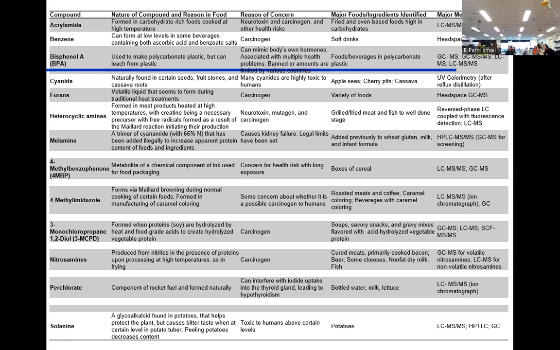So what food they can be in, why they are there, why they are of concern, mostly carcinogens, you can see. And most of the methods are LC, GC, and MS.